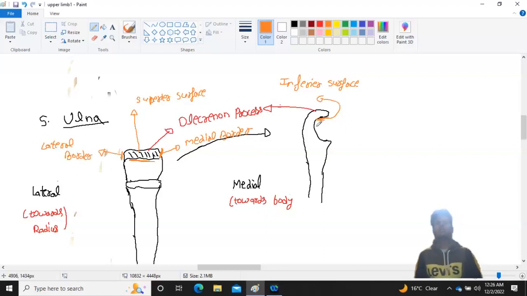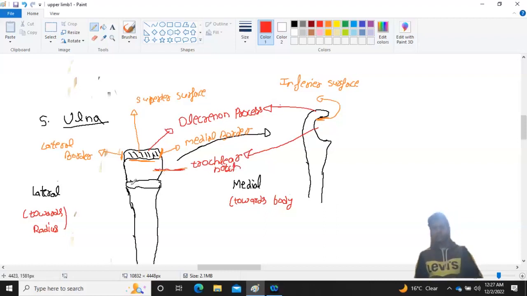Then next, this notch is called trochlear notch. This notch is called trochlear notch. Done.